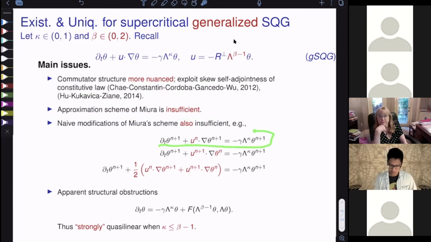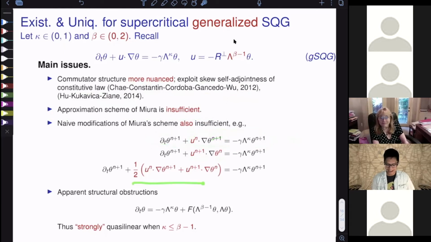So here's the original one. This doesn't work. And when one is trying to form the commutators that you need for the GSQG equations, you can form some of them with this, but not others. On the other hand, if you switch how you linearize the nonlinear term, then you can form the commutators you couldn't before, but then you lose the ones that you were able to form with the original scheme.